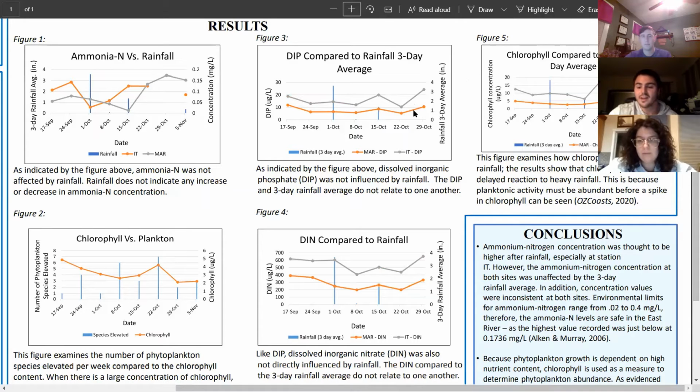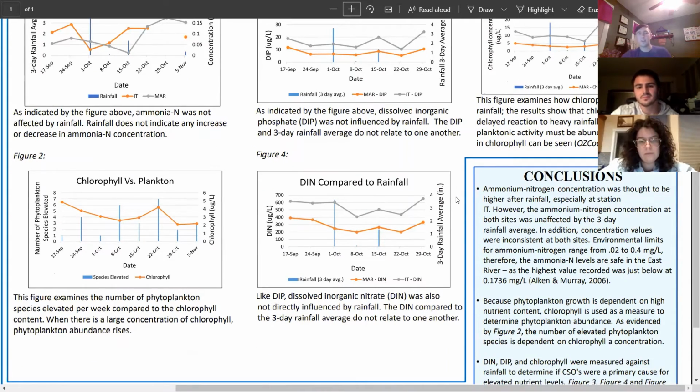But site IT had higher concentration values. This is because site IT is closer to the local CSO in the East River, which had a clear path compared to site MAR, which was kind of enclosed by the school's pier.